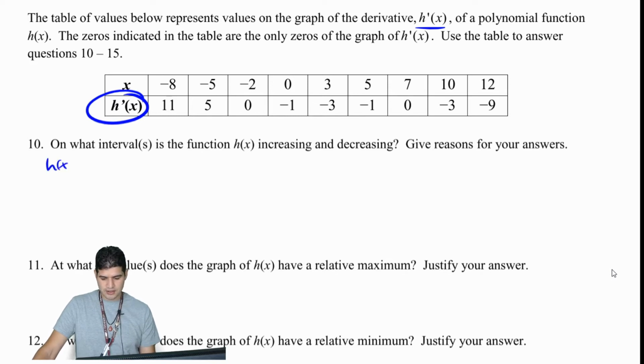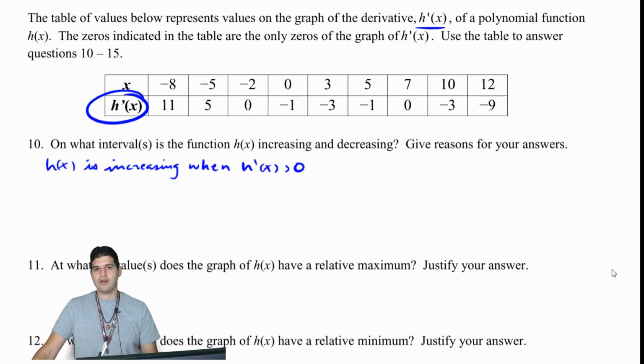So h of x is increasing when h prime of x is greater than 0. Again, these things need to be embedded in your bones, in your soul. When are these values going to be greater than 0?